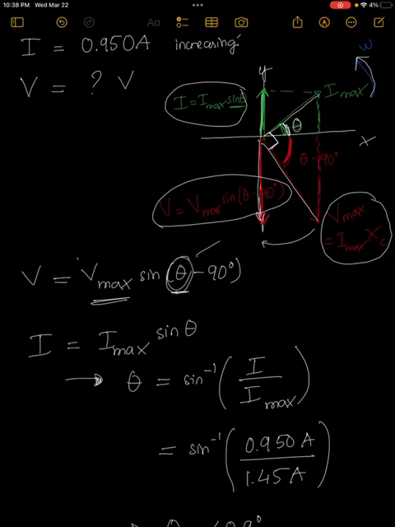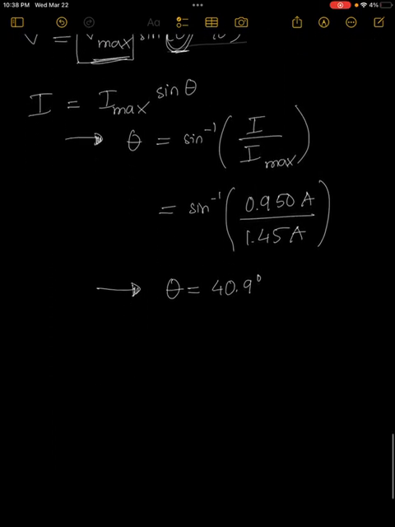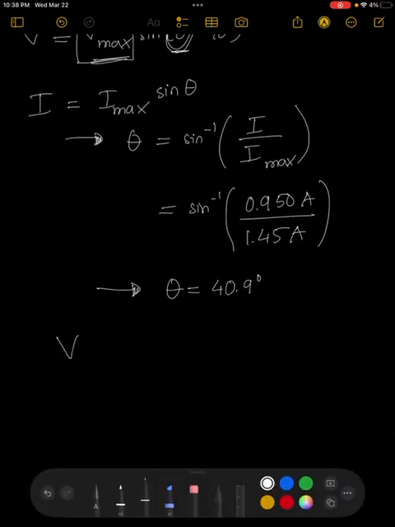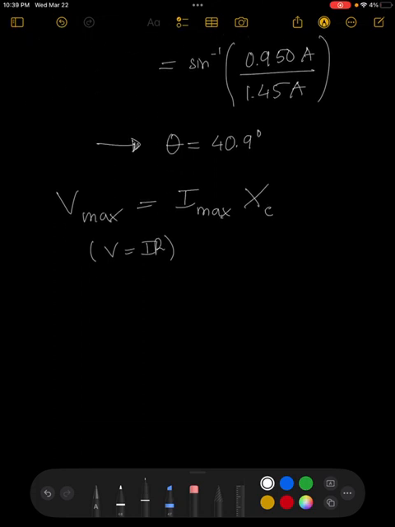Now let's look for Vmax. Vmax is Imax multiplied by the impedance of the capacitor. So Vmax equals Imax multiplied by R, right? Or we remember Ohm's law, V equals IR. But now our resistance is actually XC. And our XC is 1 over omega C, right?